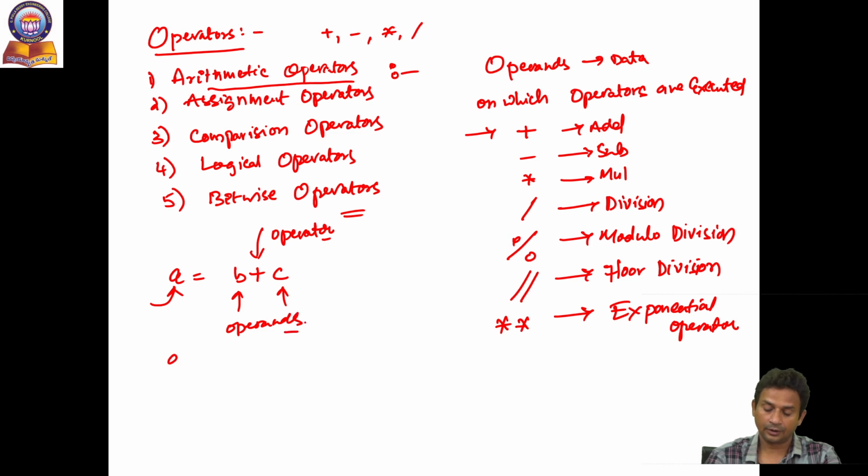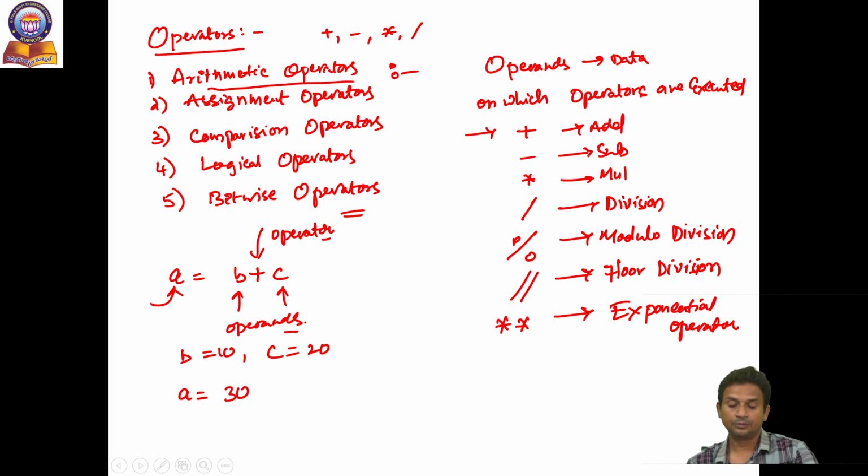So if I have stored a value 10 in b and 20 in c, and you execute the instruction a is equal to b plus c, the value of a will be 30.